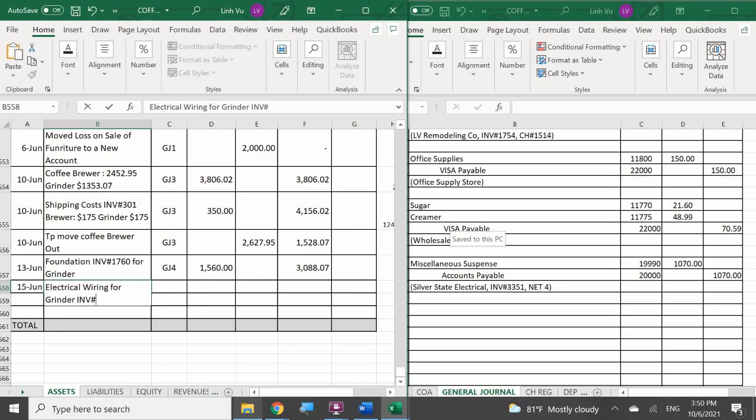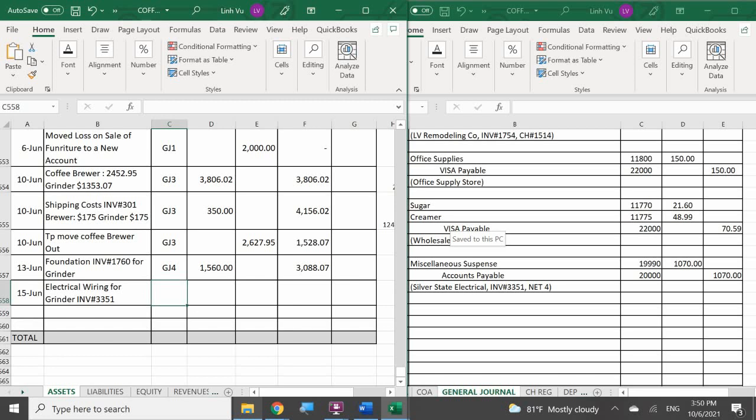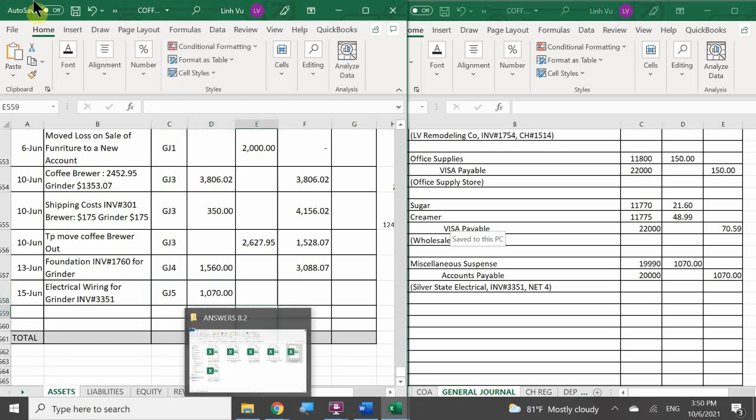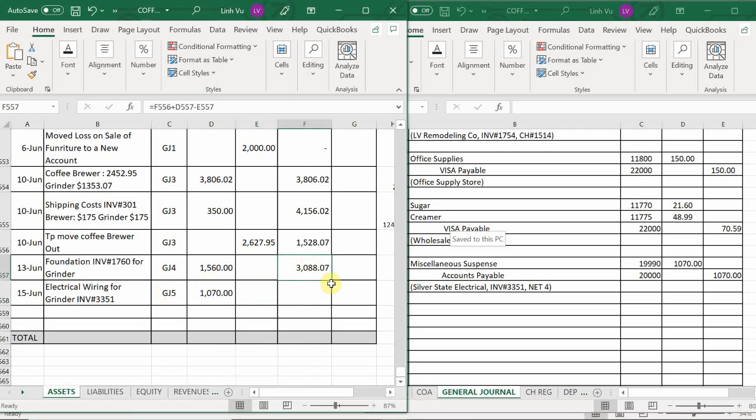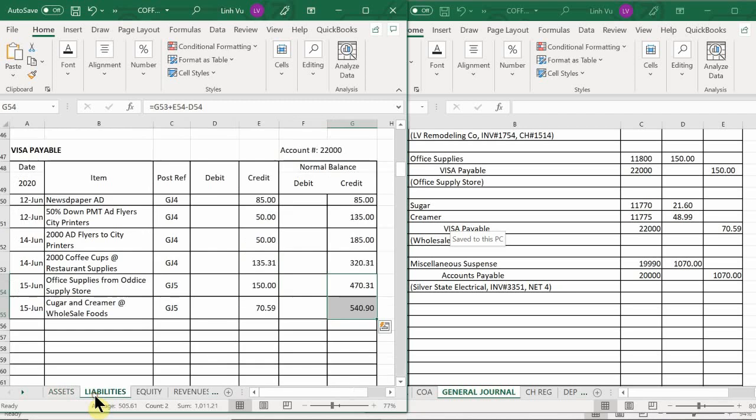Okay. Yes, 3351. So page number 5, and we have 11. It was 1070. We have to add 13088 plus 4158.07. Okay, good. Excellent. Then we have accounts payable.